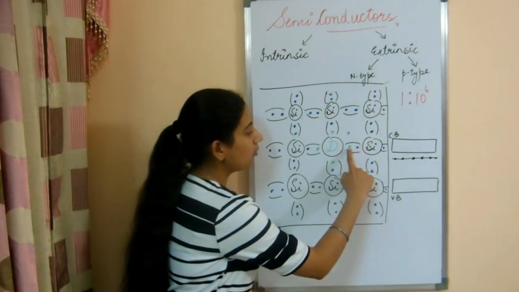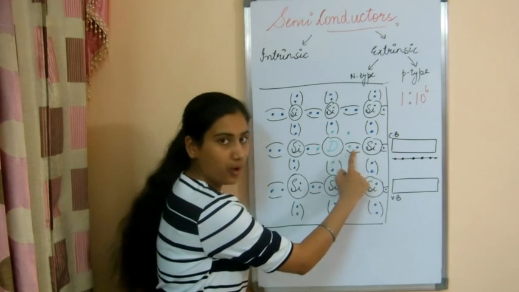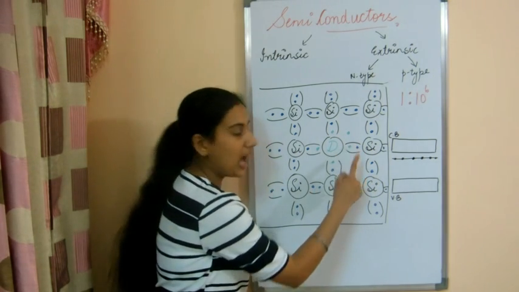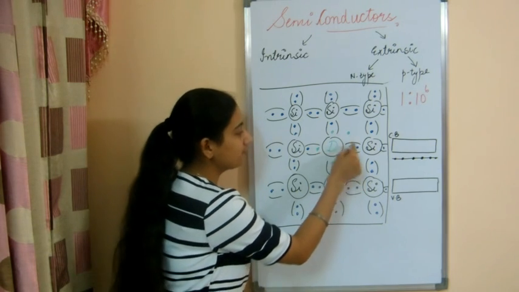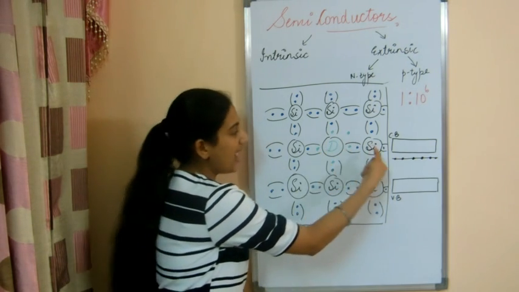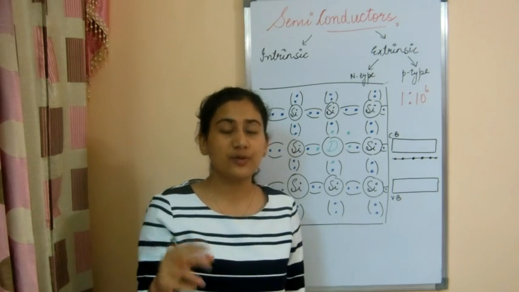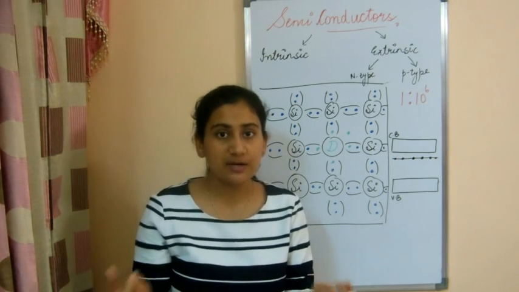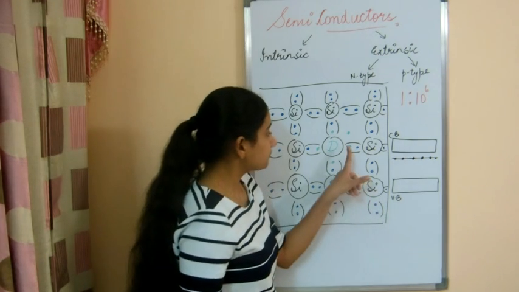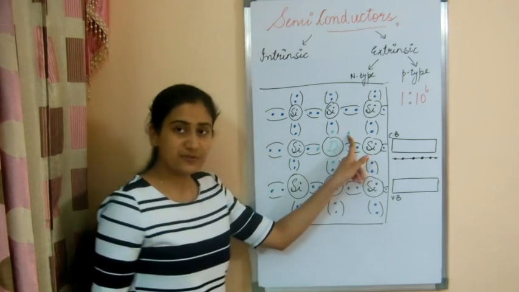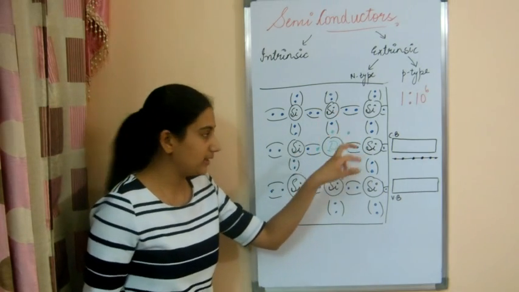But if we talk about these electrons which are in bond, what is happening to these electrons? These electrons are under the influence of this atom also as well as this atom also. That means these electrons are under the influence of 2 atoms in which they are forming the bond. That means these electrons will have less energy. It is free. That means it has more energy.